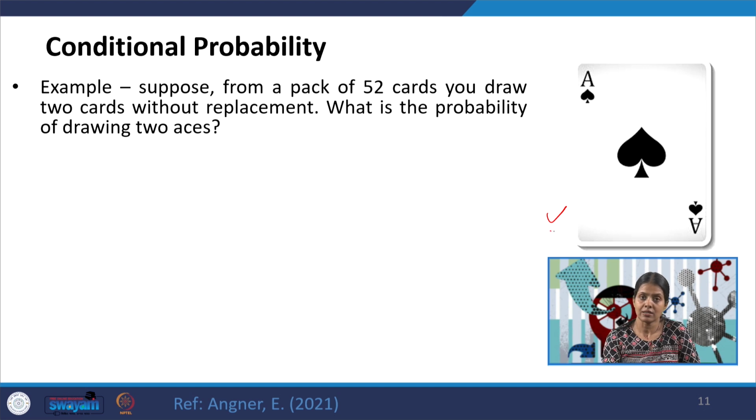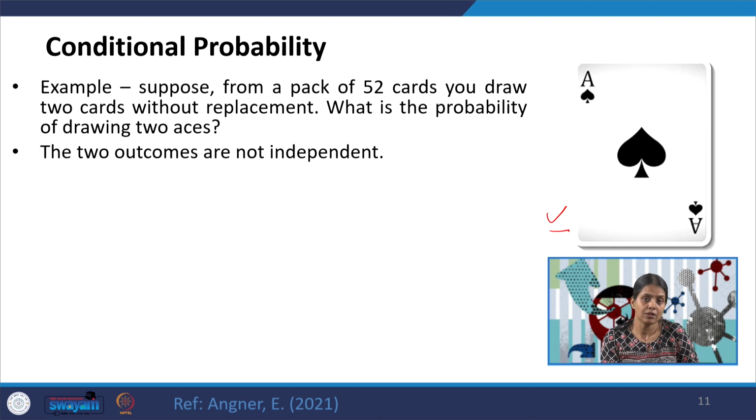So, this is an ace of spades. The two outcomes are not, of course, independent. Why? Because there are only 4 aces in a pack of cards. So, once you draw one card and it turns out to be an ace, that is going to impact the possibility of the second card being an ace.